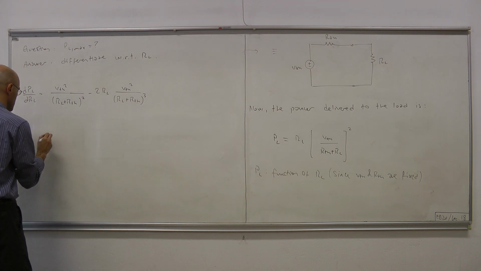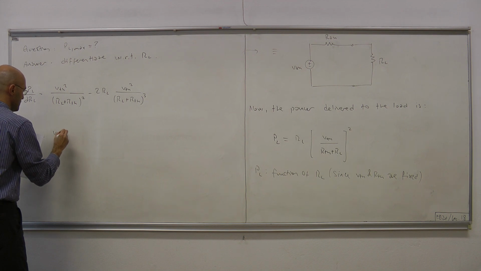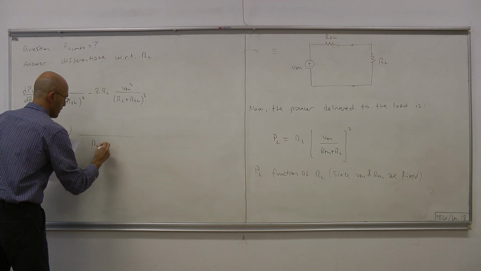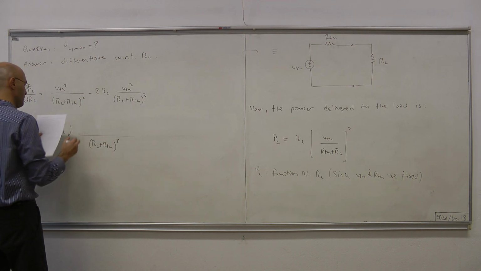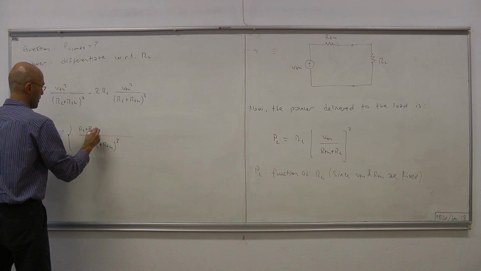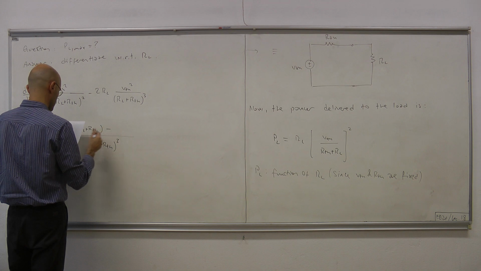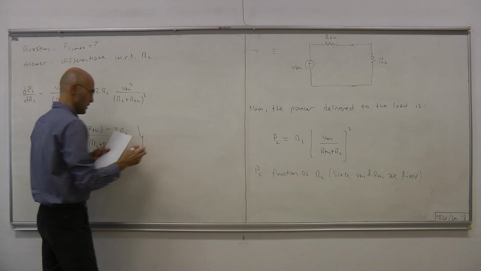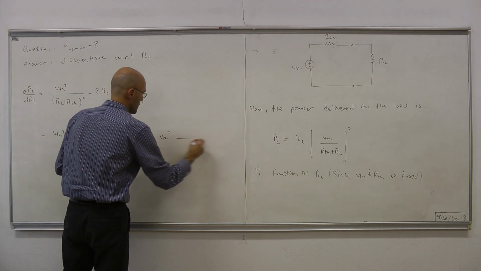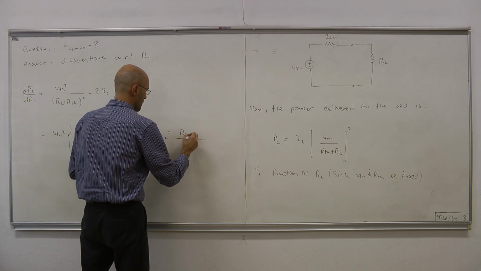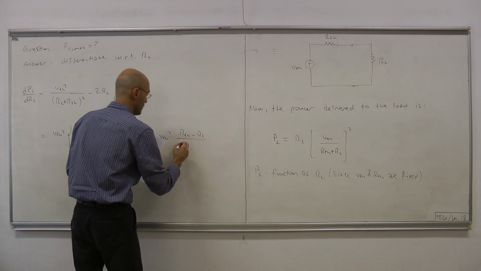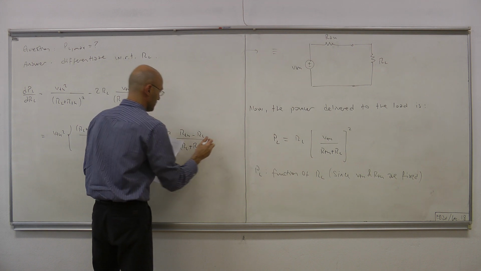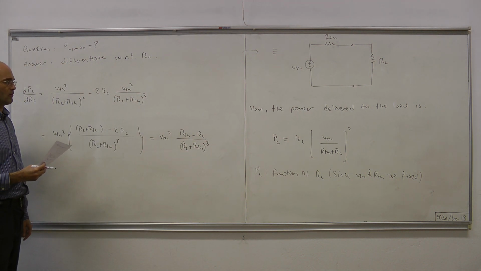Now, if you reorganize the terms, you can write this as V Thevenin square times, combining under a single denominator R Thevenin cube, RL plus R Thevenin minus 2RL. And finally, this equals V Thevenin square times R Thevenin minus RL over RL plus R Thevenin cube.